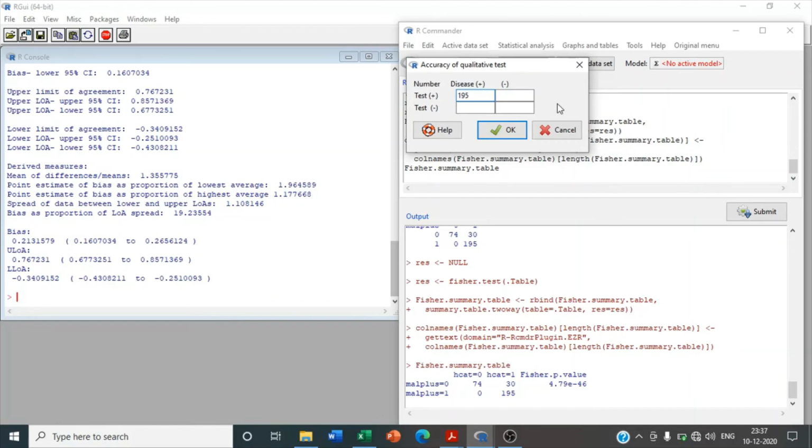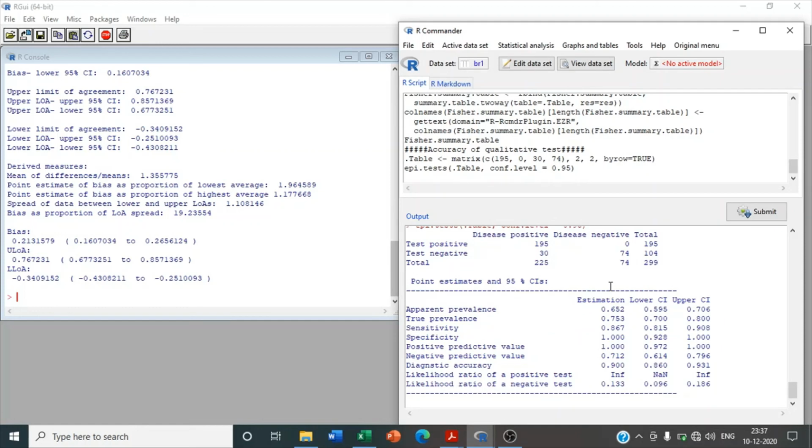Test positive, disease negative is 0. Test negative, disease positive is 30 out here. And test negative, disease negative in this case is 74. Let's do it. We see the sensitivity has gone down even further.